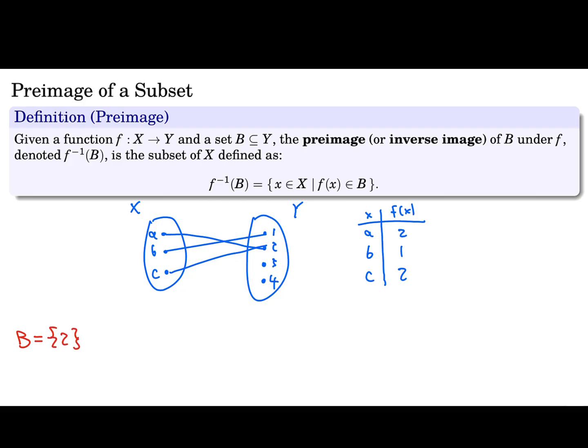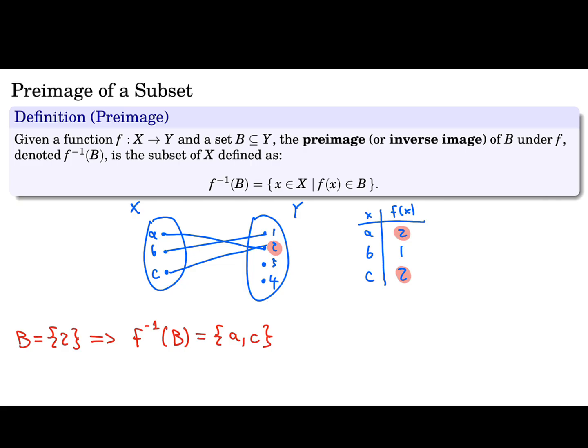If we color the element 2 on the right of this table, the preimage is the set of all the elements in the domain that map to that value. In this case, a maps to a red point, c maps to a red point, and that's it. So this implies that the preimage of B is going to be the set a and c.